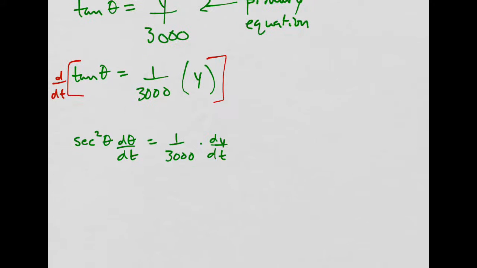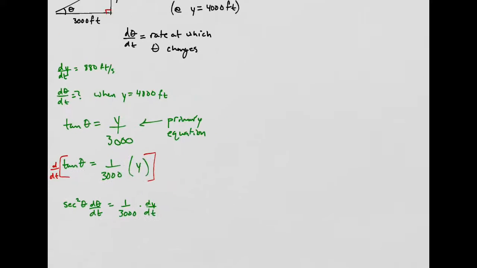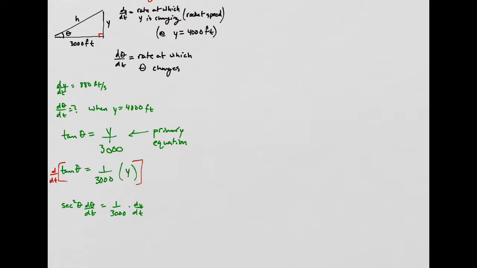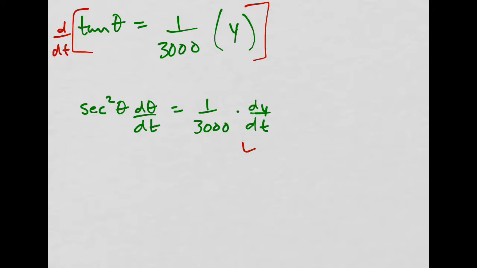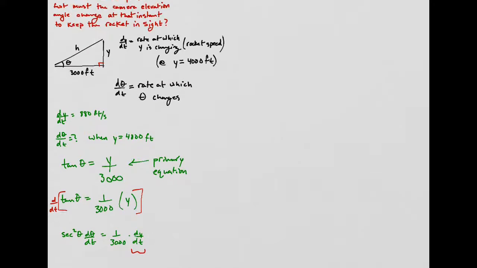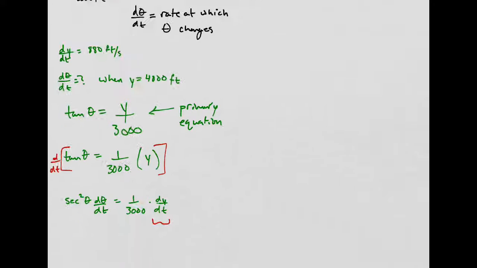Okay. What do we do now? Well, we try to plug in stuff. I know that dy/dt, the speed of the rocket, was 880.